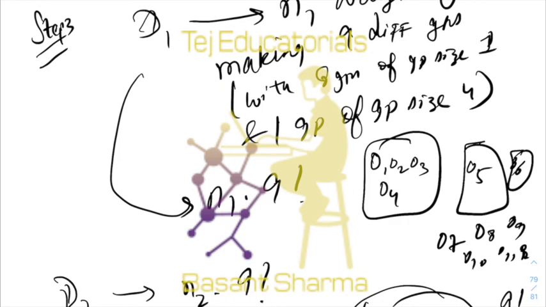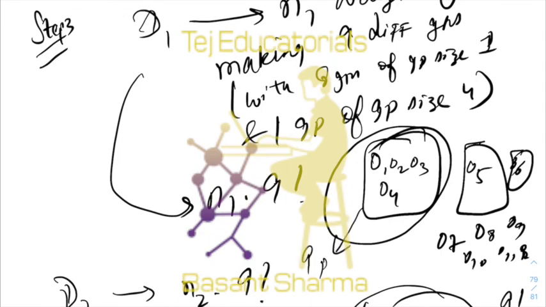Now this group can go to any one of the 9 persons. That is step 3. Until now we have just formed the groups. Now we have to distribute them amongst 9 persons. Till now, what we have done is decide which group will contain which object. In step 3, we decide which person will get which group.